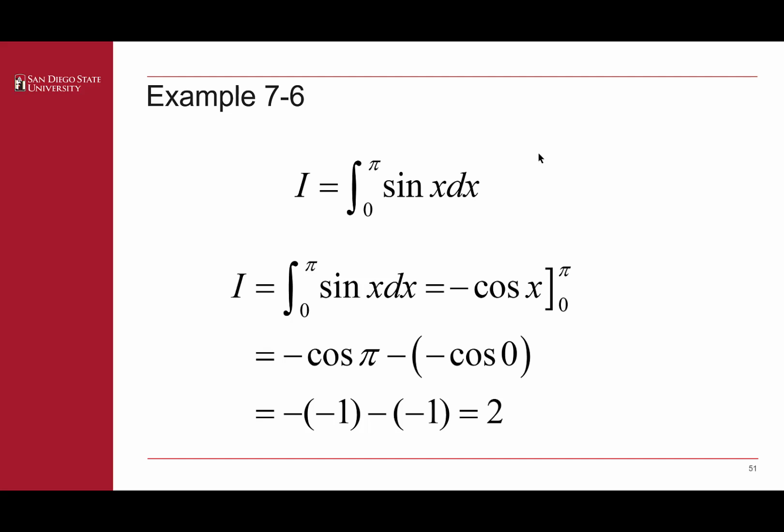We should now calculate minus cos x using pi and using 0. Then we subtract the lower bound from the upper bound. The result becomes minus cos pi minus minus cos 0, which is 1 plus 1, equals 2. A very fun example.